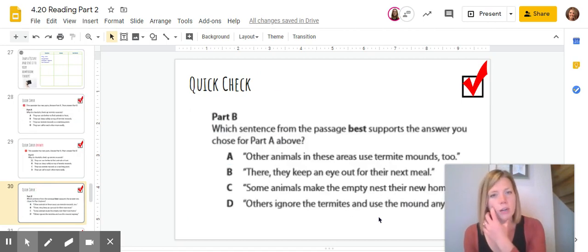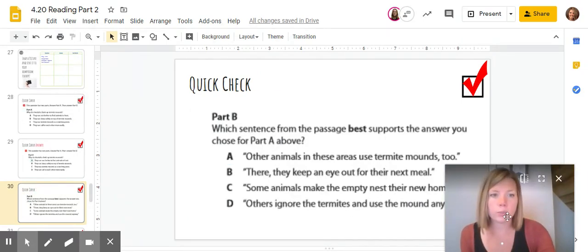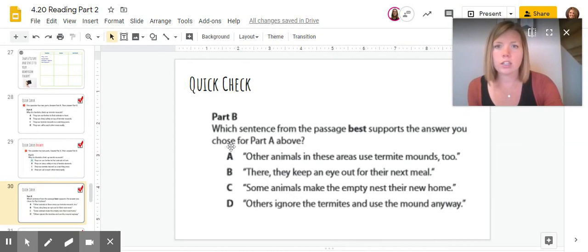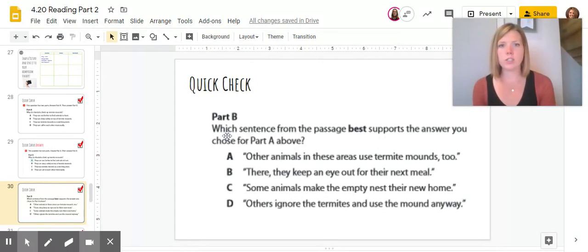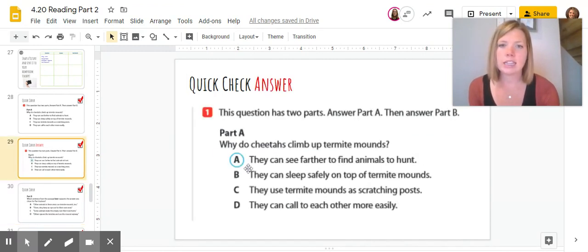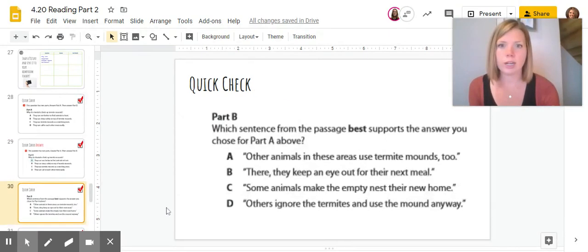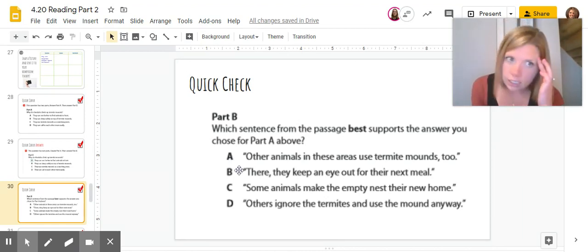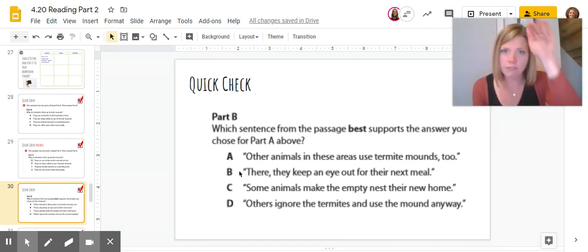Usually part B's, remember, are proving or supporting our answer. The question for part B says, which sentence from the passage best supports the answer you chose for part A? Remember, we said that they can see farther to find animals to hunt. Well, let's prove it. A says, other animals in these areas use termite mounds too. Again, thinking, does that prove how that helps them see farther?